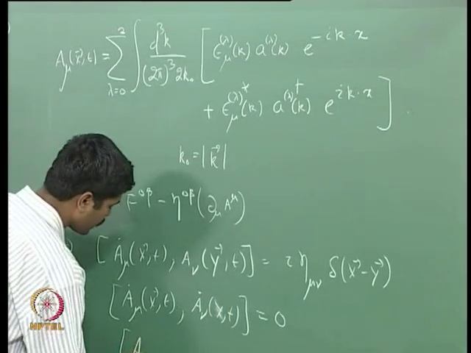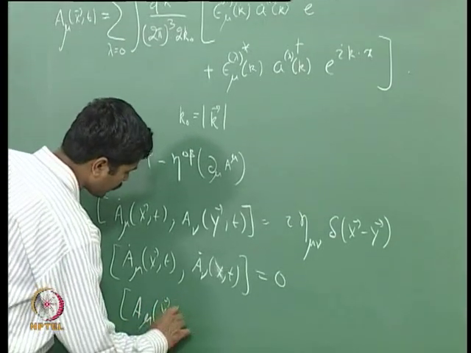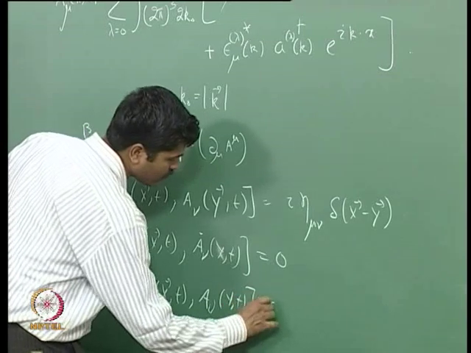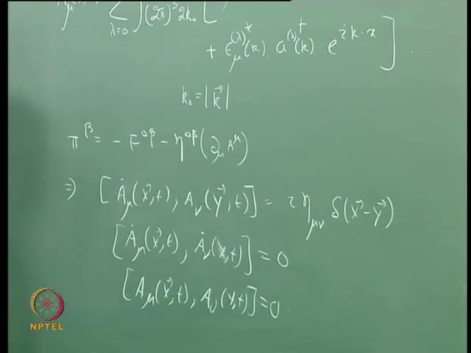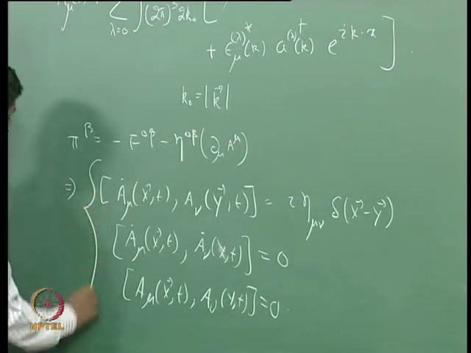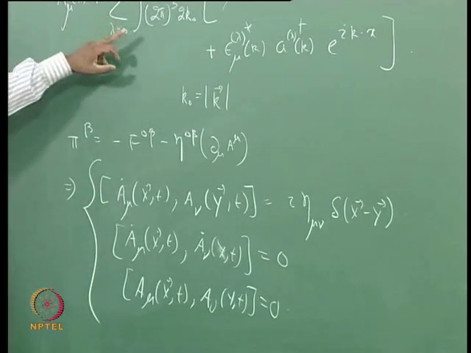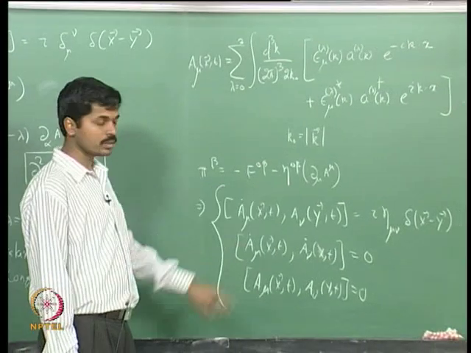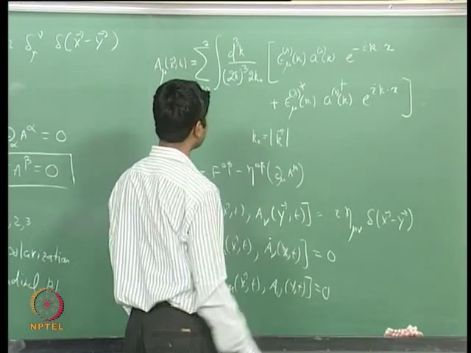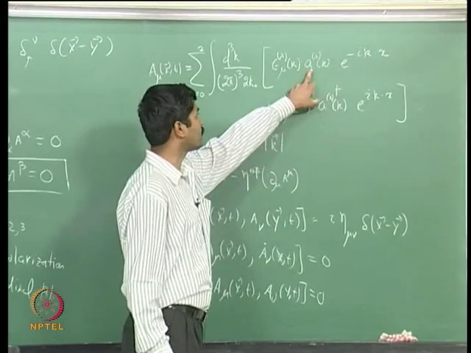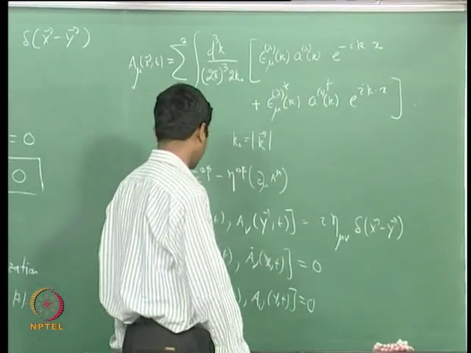Similarly, the commutator of A mu of x, t and A nu of y, t is equal to 0. So, this is the set of equal time commutation relations. We can substitute this here, and then we can see what we get for the operators A and A dagger.